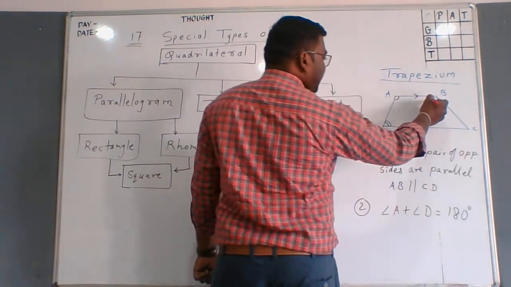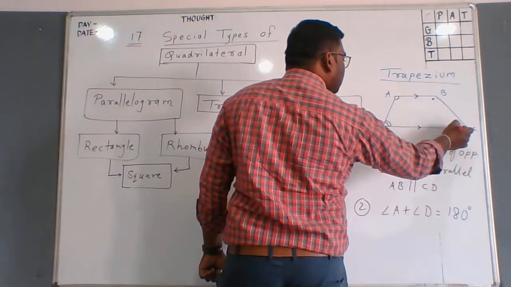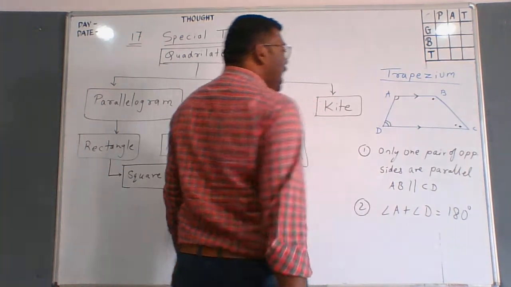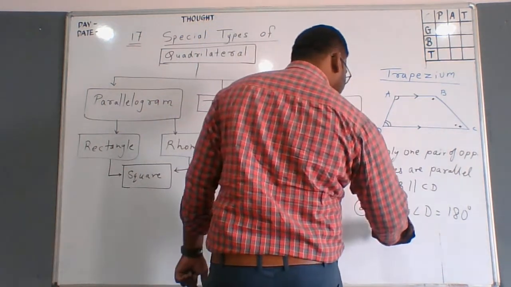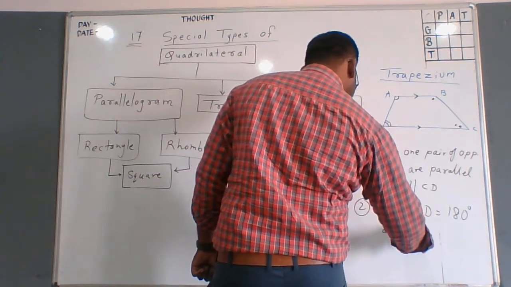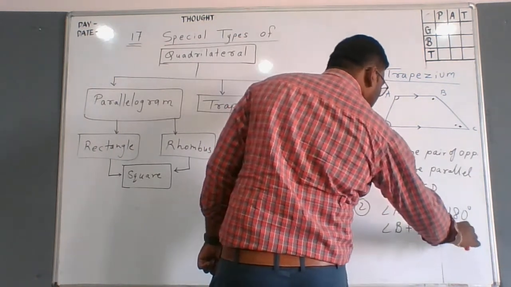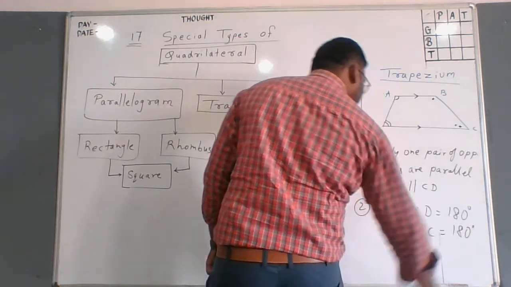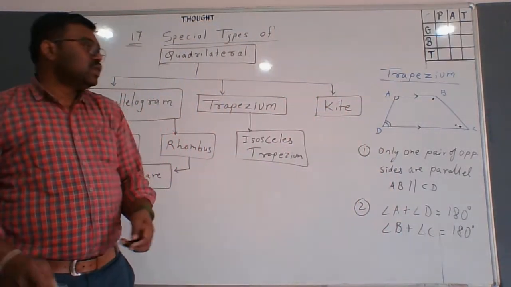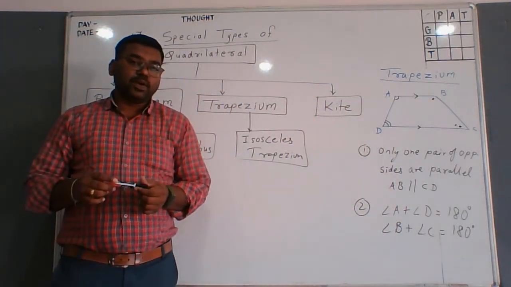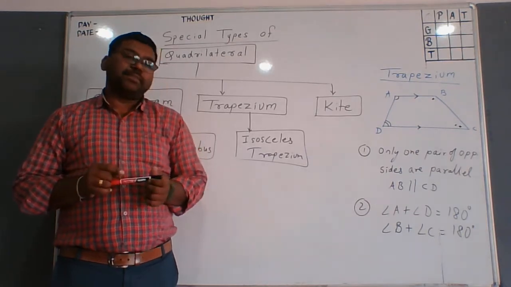And also these two angles, angle B and angle C, sum to 180 degrees. Got it? So these are the two properties of trapezium.